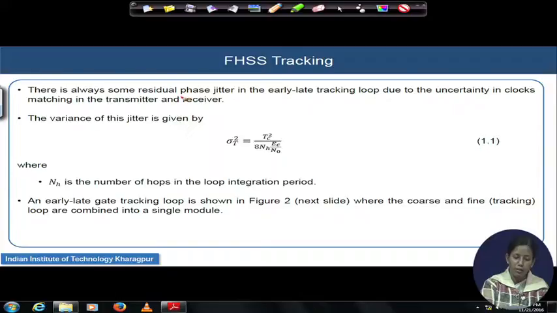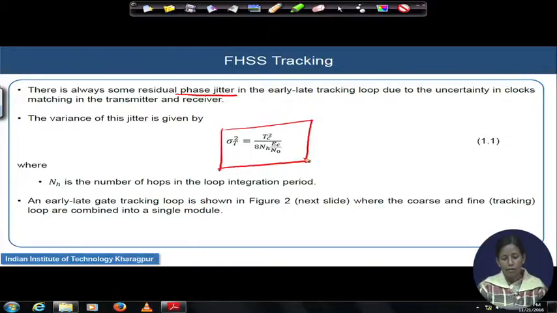So, the remaining residual error after the tracking we call the phase jitter, which is basically the uncertainty in the clocks matching in the transmitter and the receiver, and the variance of the jitter is given by this, where N0 is your two-sided power spectral density of the noise, and EC is the chip power I should say, TC is the duration of the chip, and NH is the number of hops in the loop integration period.